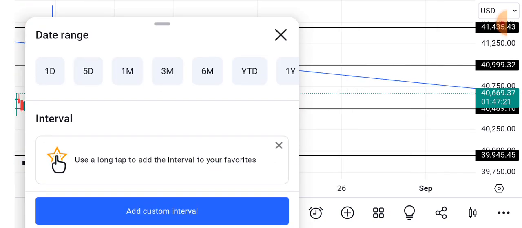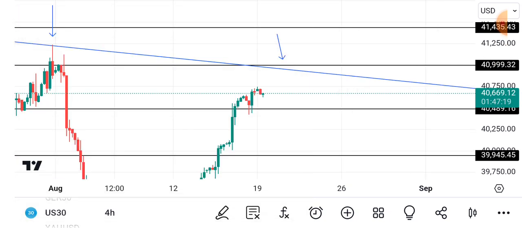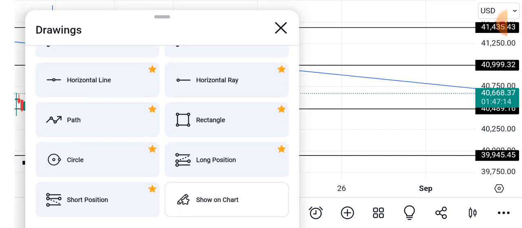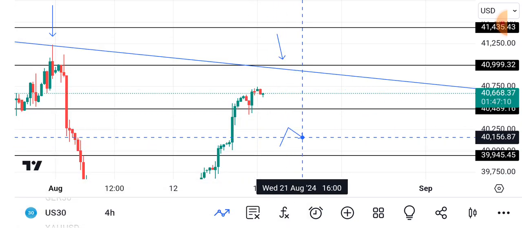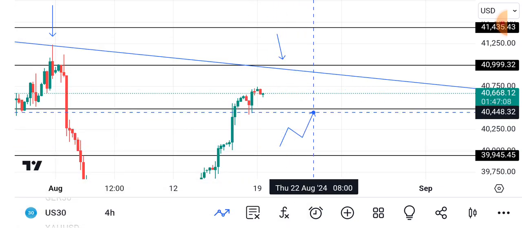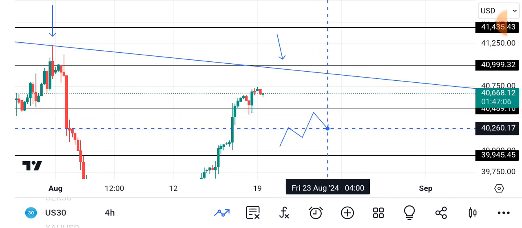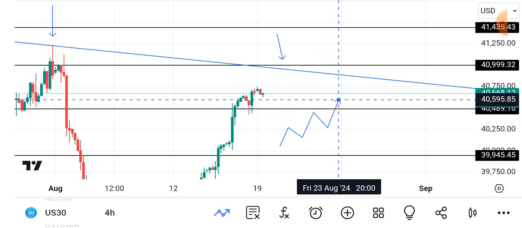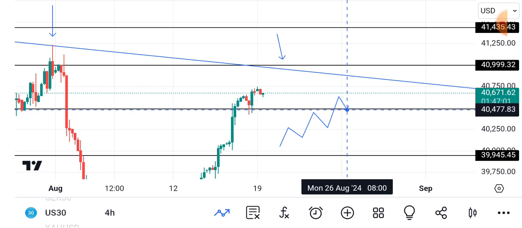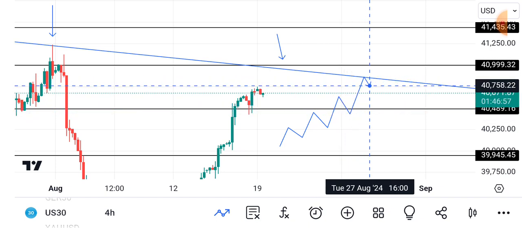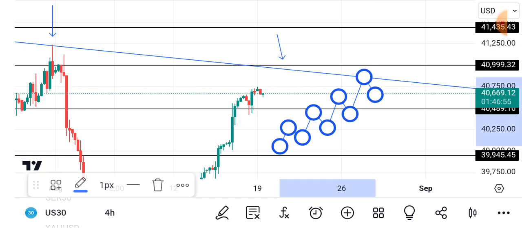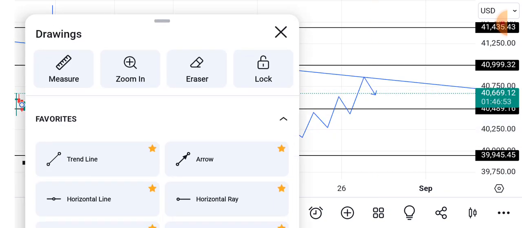So you know the market likes a ladder-like structure. When it moves up, down, up, down. It's like breakout, retest, breakout, retest, breakout, retest. I hope I'm making sense.